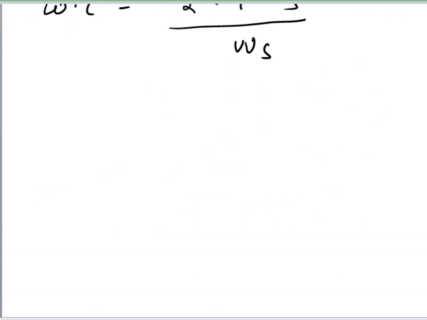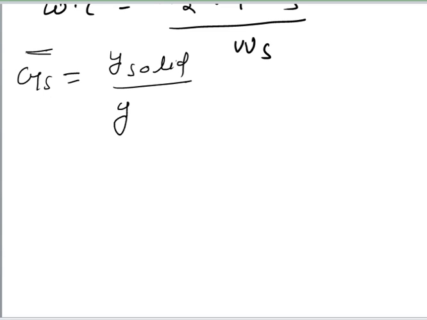I have said we must have the specific gravity in this case. So the true specific gravity GS equals gamma solid over gamma W. What is gamma solid? Weight of solid over volume of solid.